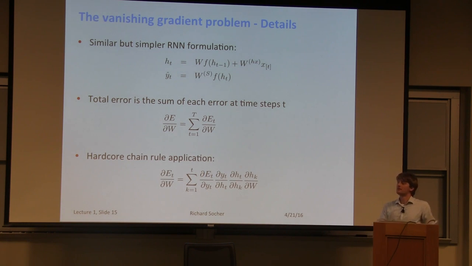Yeah. When your training sentences are different lengths and you want to do mini batch training, is there a way to unify the derivatives? So that's a great question. The question is, as you have different length sequences and you try to update all your derivatives, is there some way you can make that more efficient, or combine them? And the answer is yes.